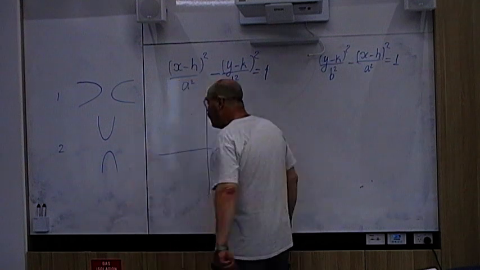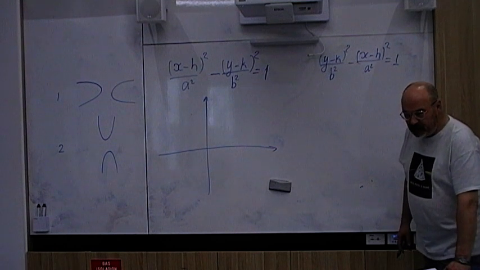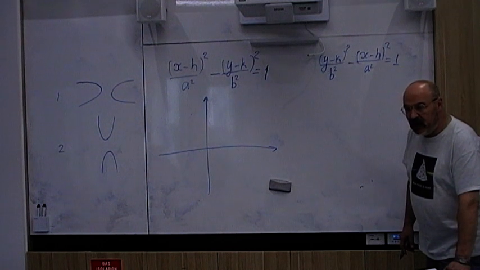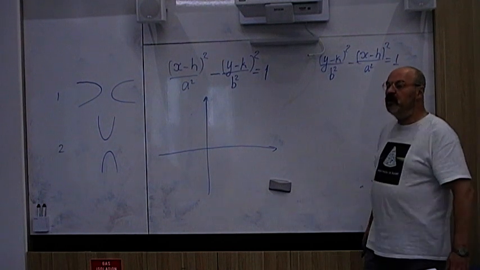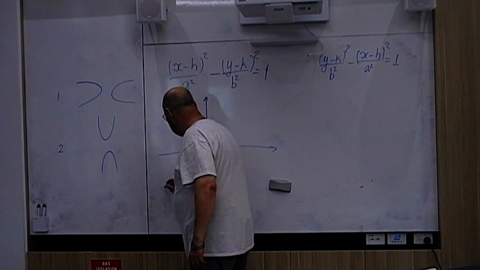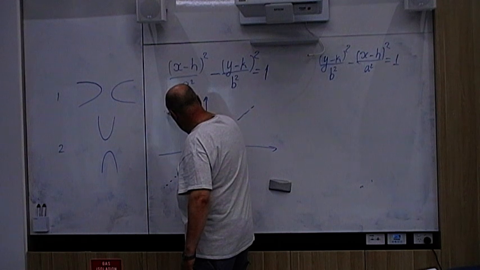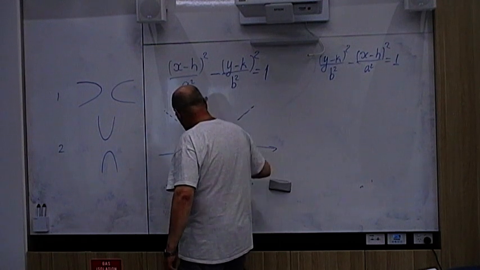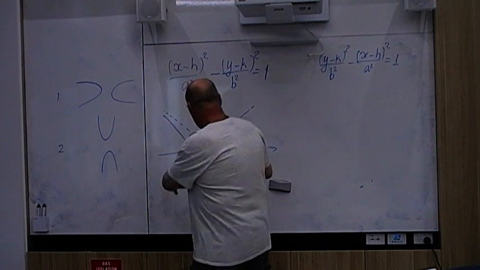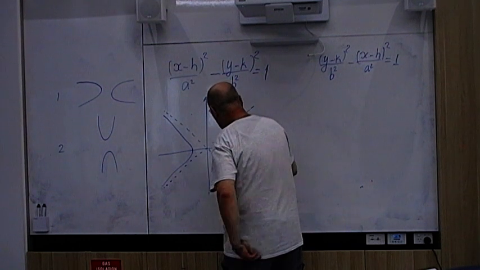I'm drawing the hyperbola with the center at 0, 0. (h, k) is the center of the hyperbola, the point of intersection of the asymptotes. So we have two asymptotes, and the hyperbola looks like this, with oblique asymptotes.